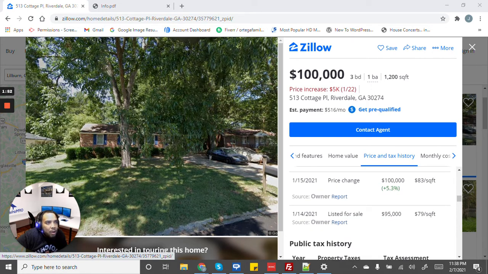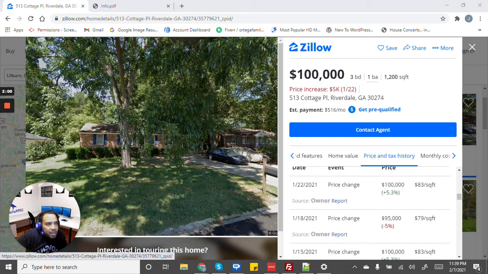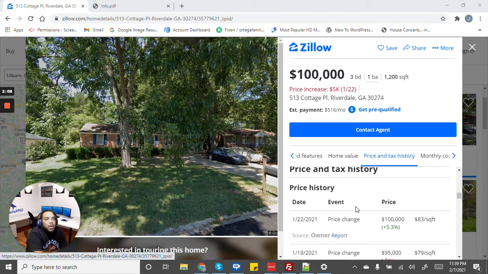I also want to see when the changes happened. This was the next day after posting, but you can tell that almost every 3 days there have been changes in the post. All right, so that's the first thing.